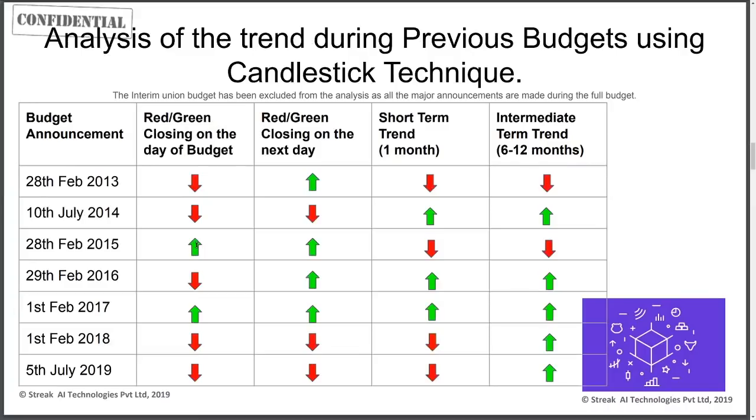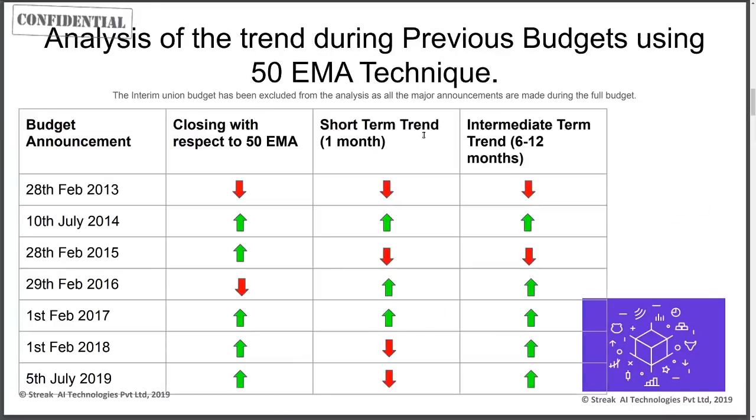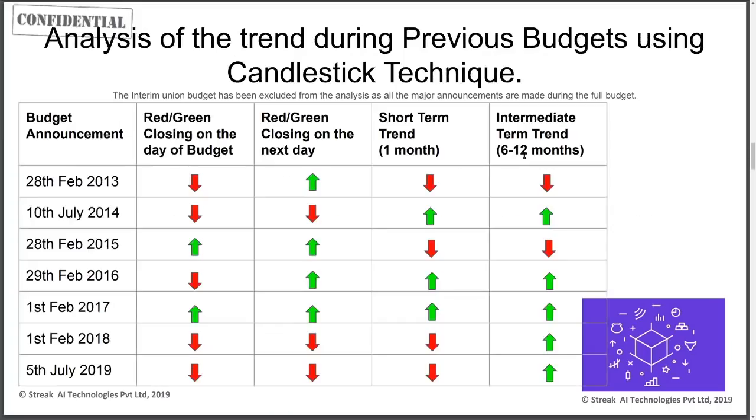Candlestick patterns or chart patterns are more derivative of the cyclic nature of markets, and hence are able to somewhat show some short-term trend, whereas exponential moving averages, at least on the data that we are looking at, are able to analyze a 6 months to 12 months trend.